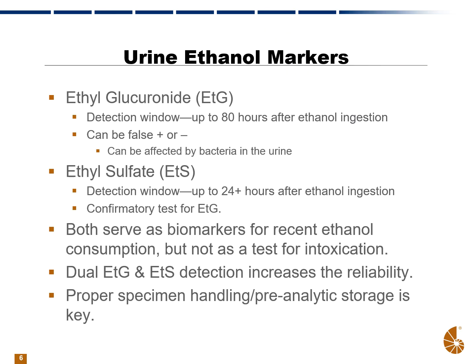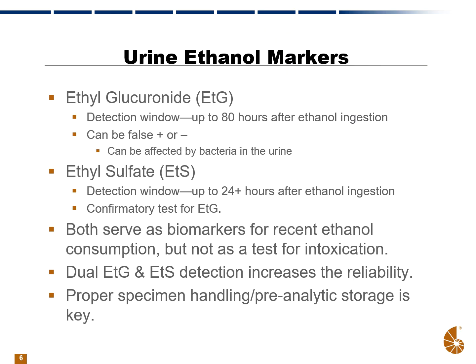Some sources say it can be found up to 100 hours after ethanol ingestion, but I'm using 80 hours here as the average basis. However, this can be a false positive or false negative, and it can be affected in both a positive or a negative way by bacteria in the urine. So that's one of the downside features of ETG.